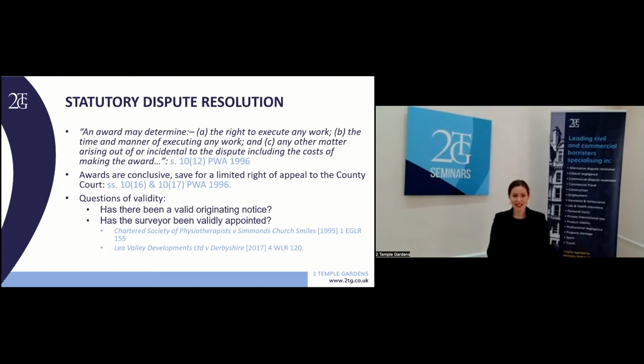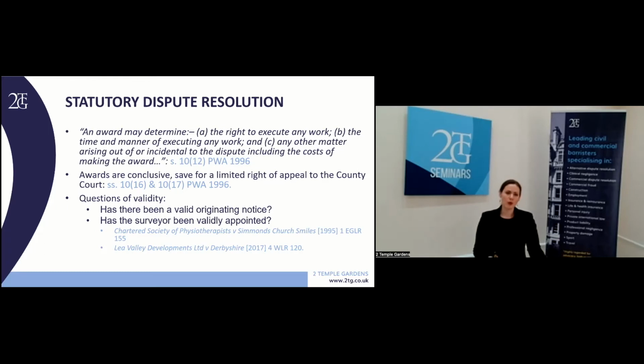Now, the validity of the originating notice is fundamental to that, because without a valid notice, then the building owner has no statutory right to impinge on the adjoining owner at all. So it seems to follow that the surveyor, in order to carry out their tasks, has to be able to consider whether an originating notice is valid or not.